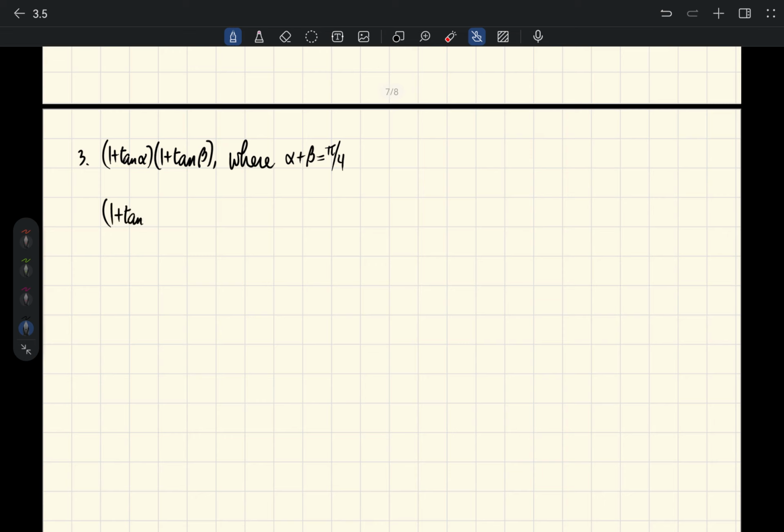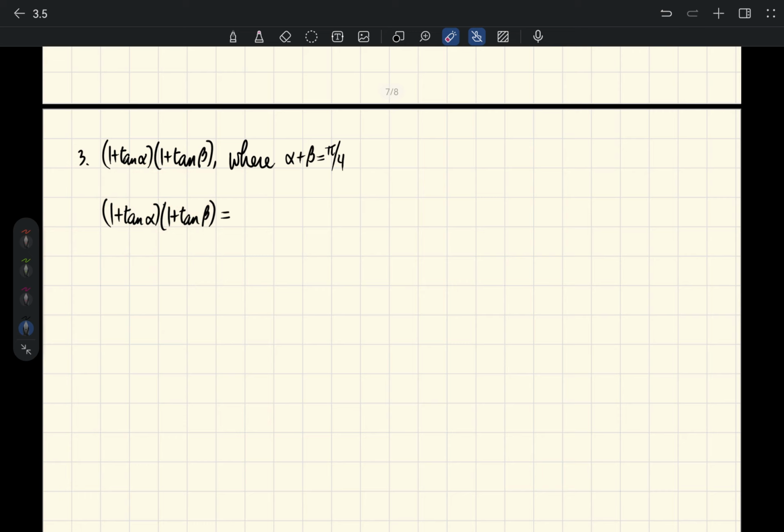First, let's try and check how we can simplify 1 plus tangent alpha times 1 plus tangent beta. So maybe we can expand this one. So how do we multiply binomials? We just distribute the first term here and distribute the second term like that.